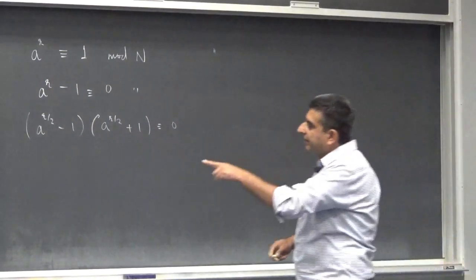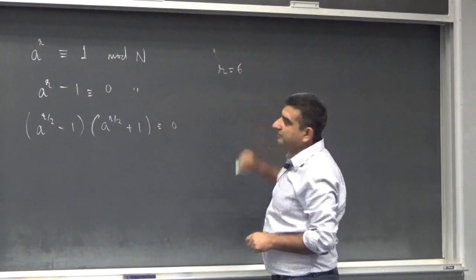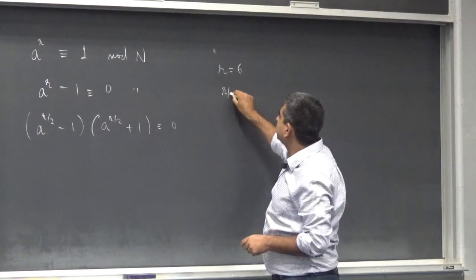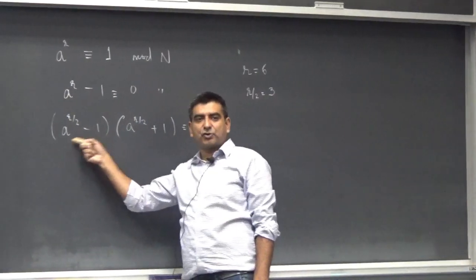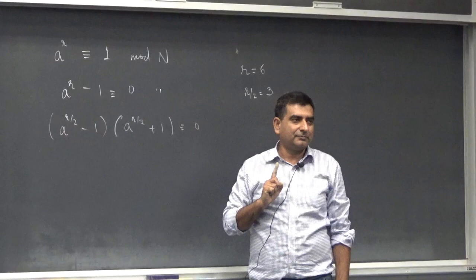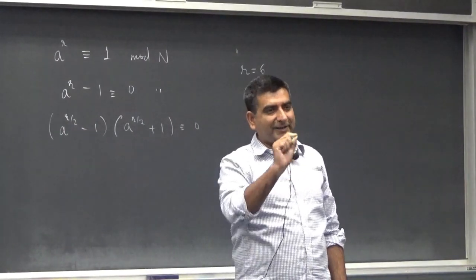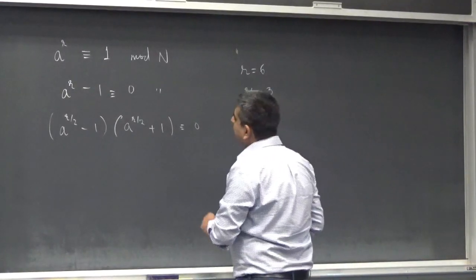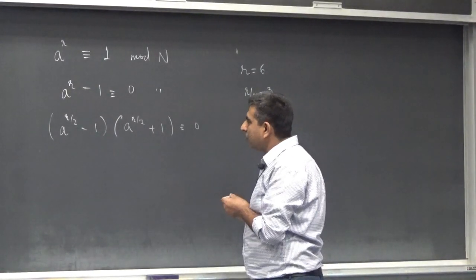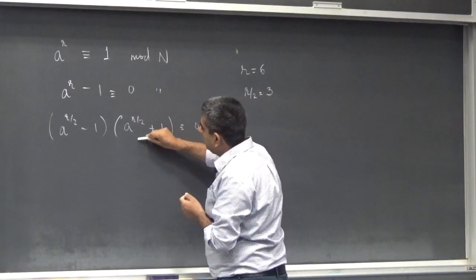So if luckily my r in this case turns out to be 6, my r over 2 is 3. Now if each of these numbers is non-zero and neither of them is a multiple of N, then I can go ahead.